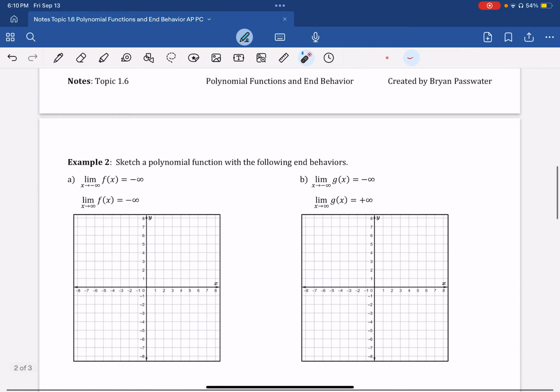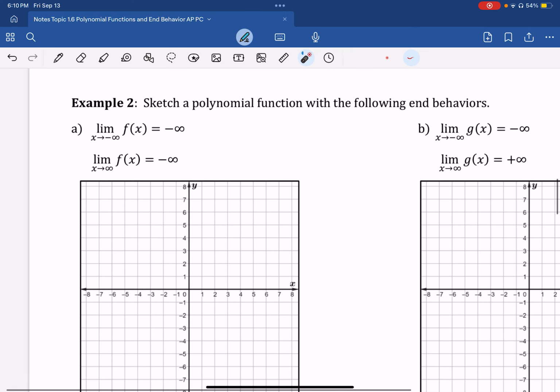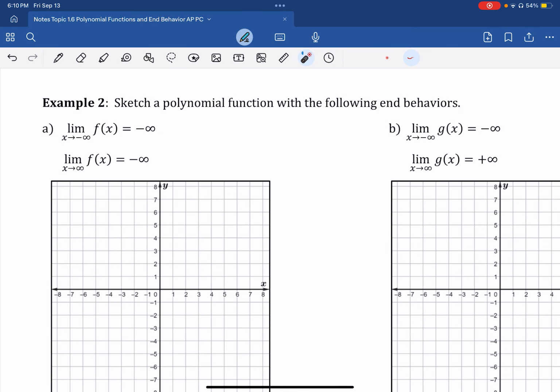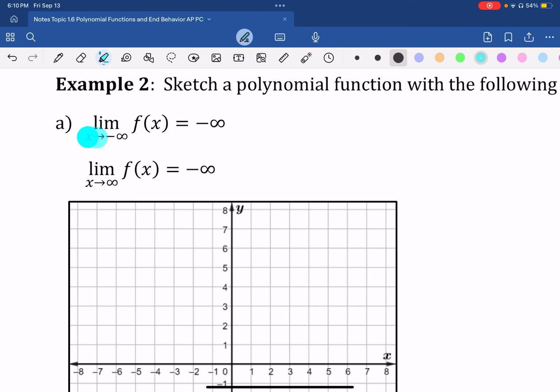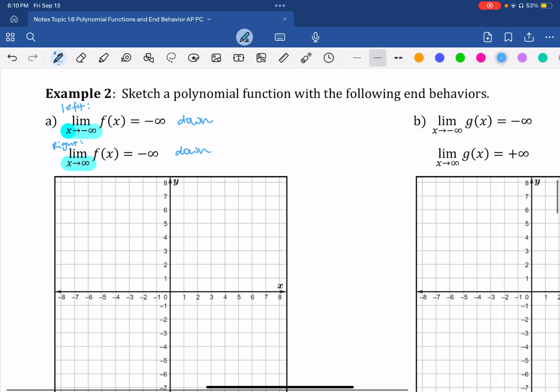okay? Let's keep going. We're going to sketch a polynomial function with the following end behaviors. Okay, so I see that at the bottom here, I have that as x approaches negative infinity. I know that that's going to be my left limit because on the left side is where x goes towards negative infinity. On the right side, I always have x approaches positive infinity. This is telling me that the y values are going down on both the left and the right.